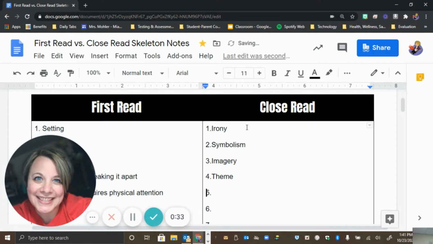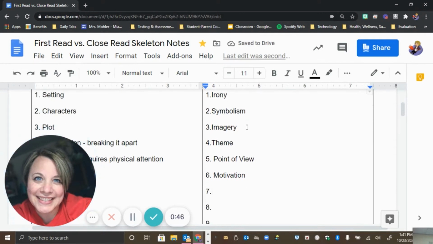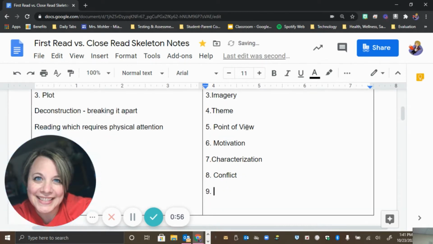My fingers are just not having any of this. We'll talk about point of view. We'll talk about motivation. It's a lot, right? We'll talk about characterization. We talk about conflict. And we talk about author's purpose.